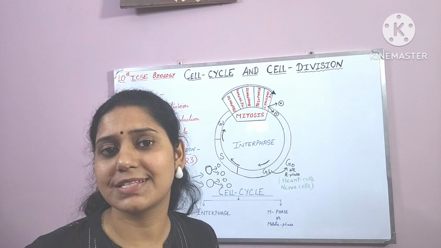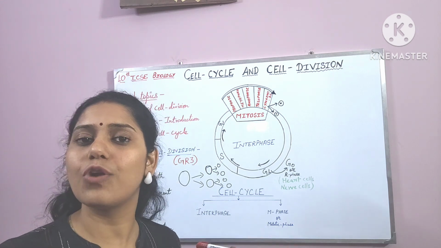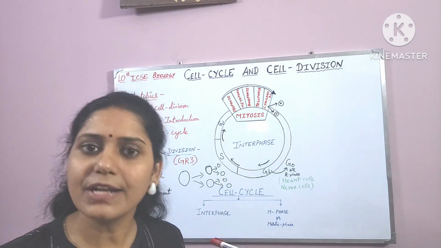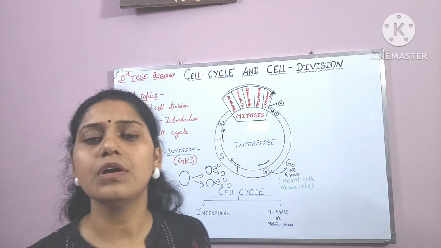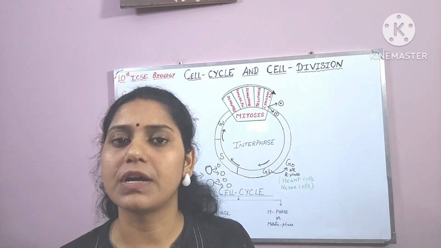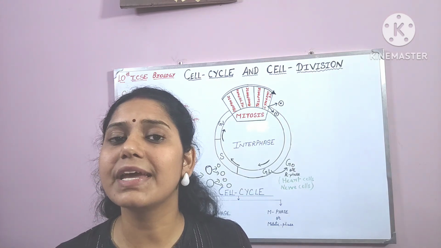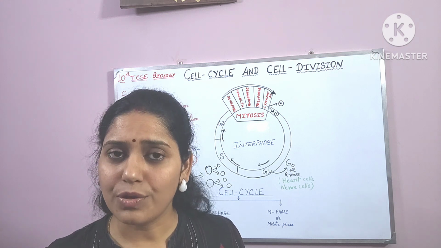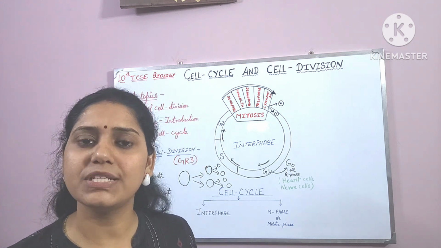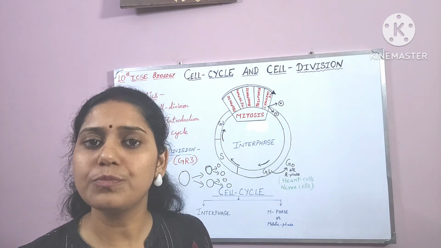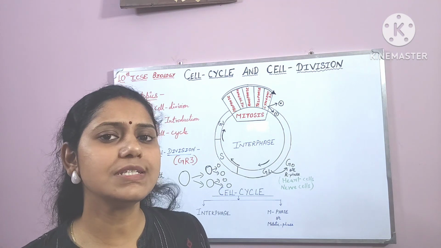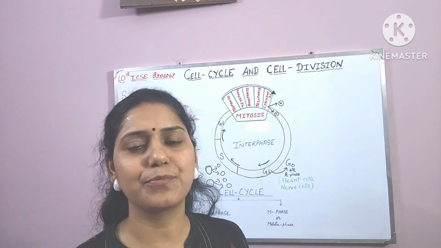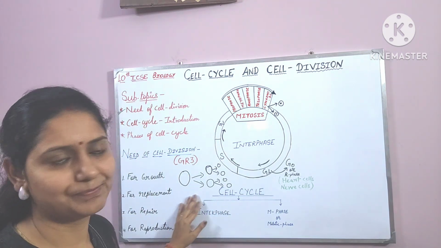We buy new things then to replace those older ones. Like that only in our body also, because of normal body functions, the cells will get damaged. Now, to replace those damaged cells, new cells have to be formed. Now, how will these new cells be formed? By the process of cell division.